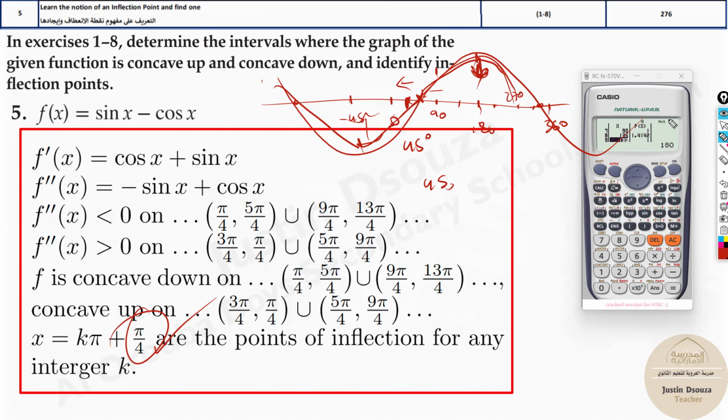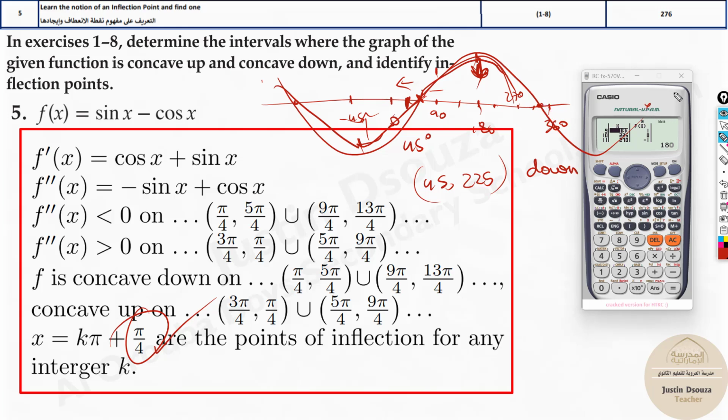Let's just check the points. See, it's increasing, then it's coming down. It should be somewhere over here. It's around 225, because it's at 0. This is concaving down.